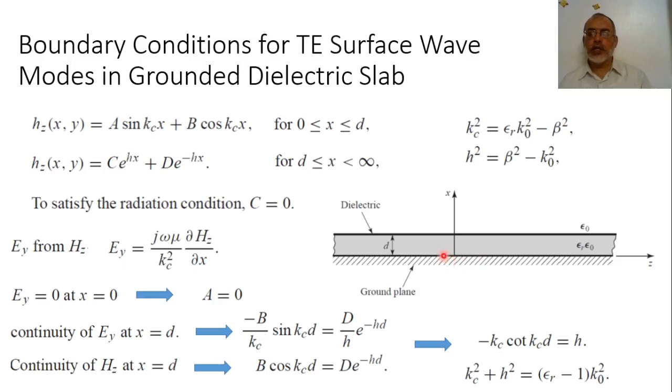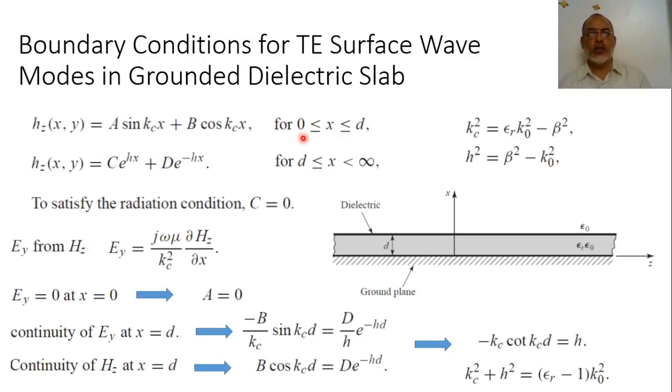The tangential electric field in the present case is Ey, and Ey is related to Hz as Ey equals j omega mu over kc squared partial Hz by partial x. So we are going to differentiate the first equation, because this first equation is for x greater than or equal to 0 and less than or equal to d. So we are interested in this equation now.